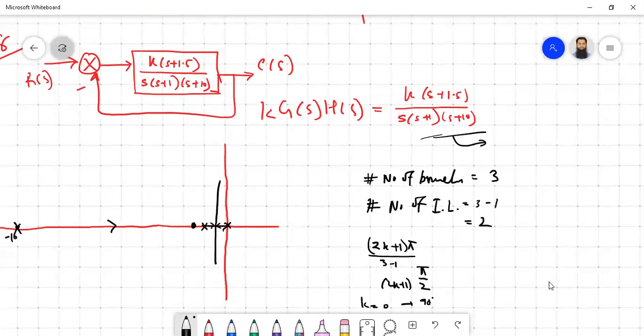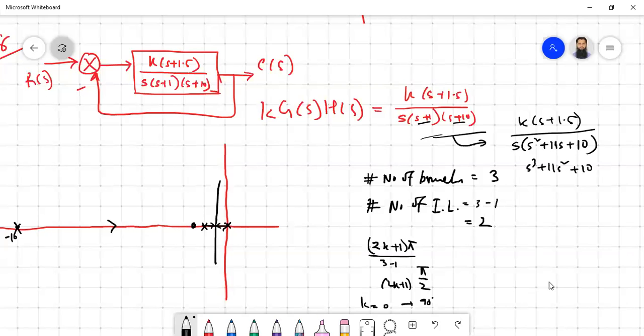The denominator will be s times (s squared plus 11s plus 10), divided by, so basically s cube plus 11 s squared plus 10s. And the numerator is k times (s plus 1.5).